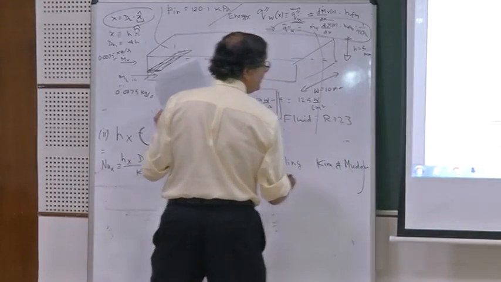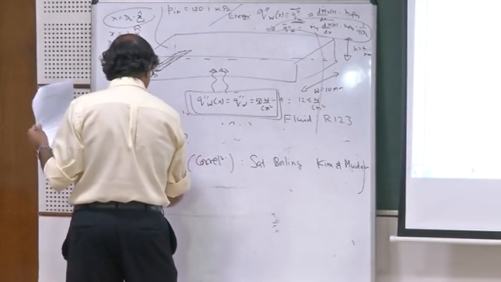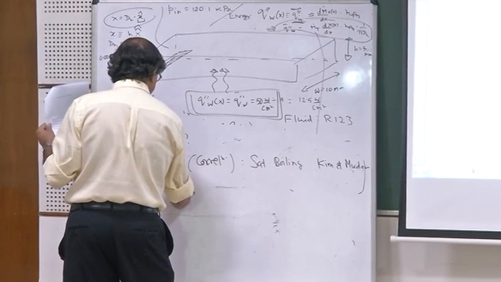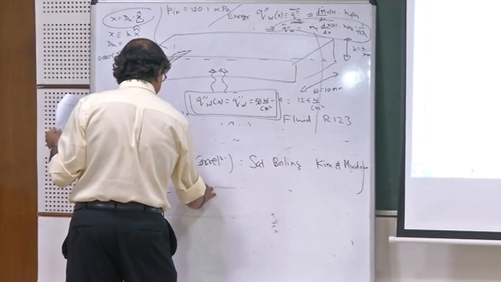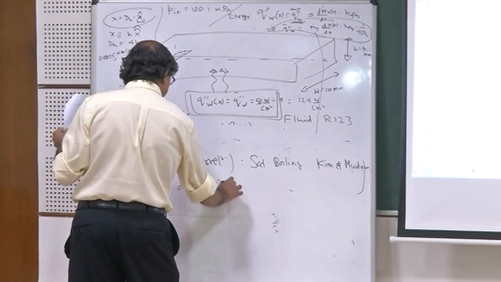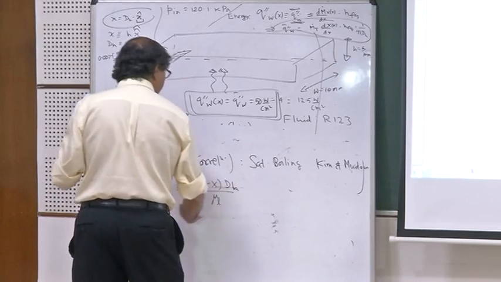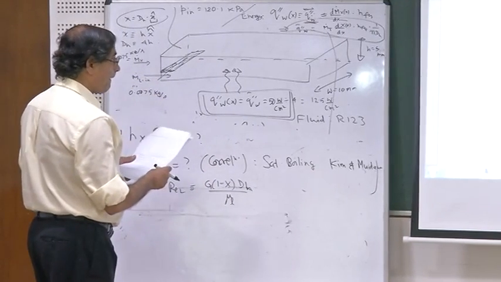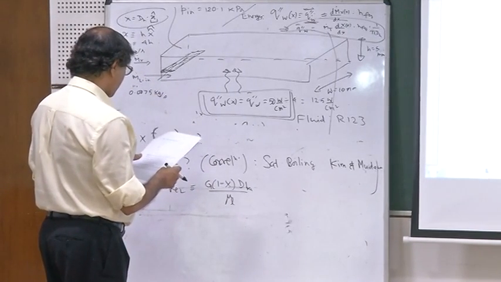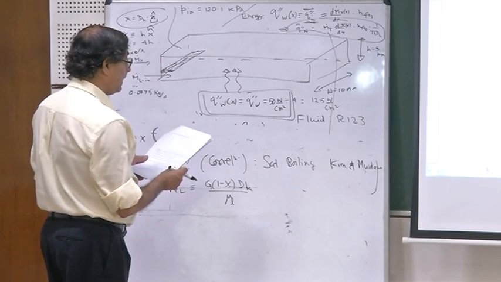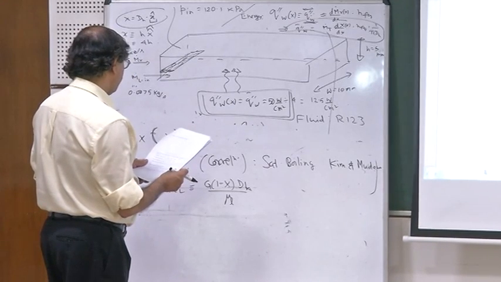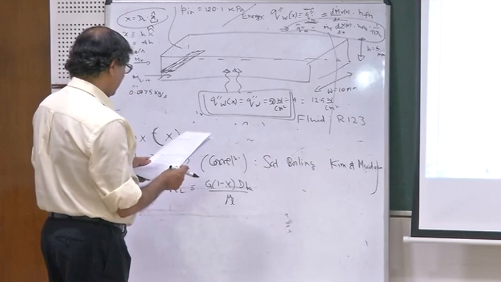The parameters we need are Re liquid, Prandtl liquid. So Re liquid is G(1 minus X) dH by mu liquid. At any given X, that is at any quality, that is the value of this.